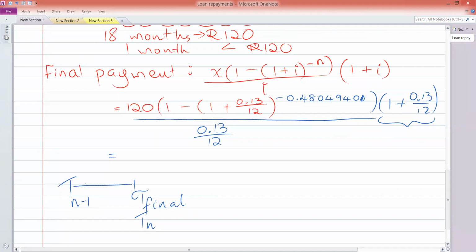At this point, the amount that's outstanding is still going to earn interest here, okay? So that's why we then multiply it by the 1 plus I. It shows that we understand that that final payment or the outstanding value is still going to earn interest. We also have to pay back that interest that it's earning, okay? So interest is still earned at this point. That's why we add in the 1 plus I, okay?